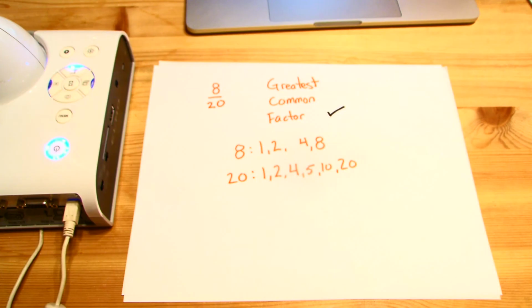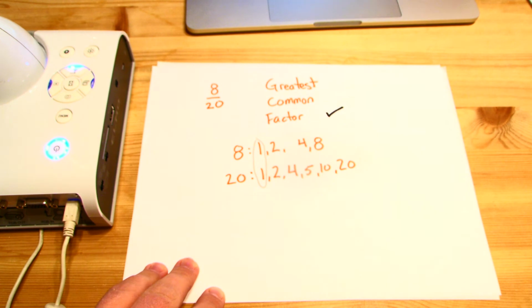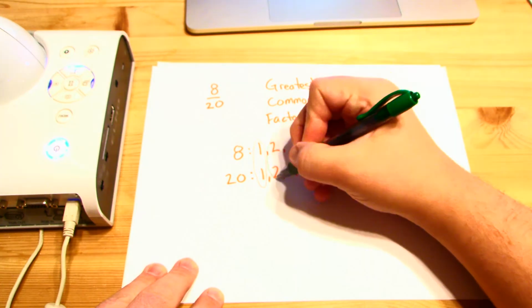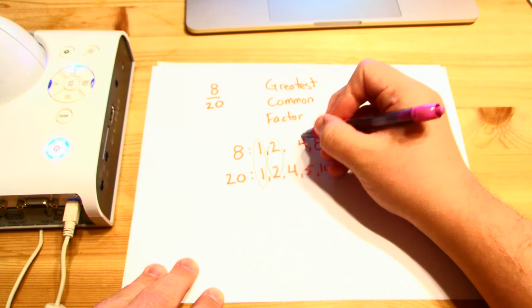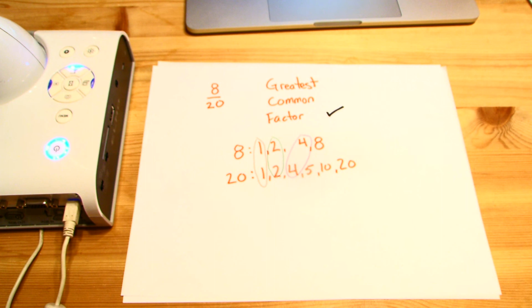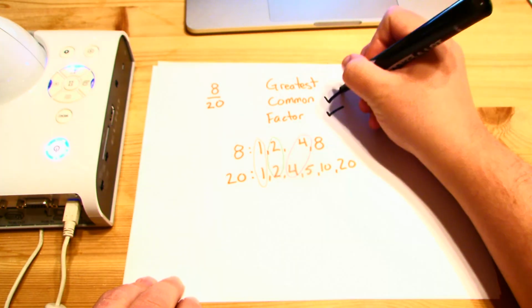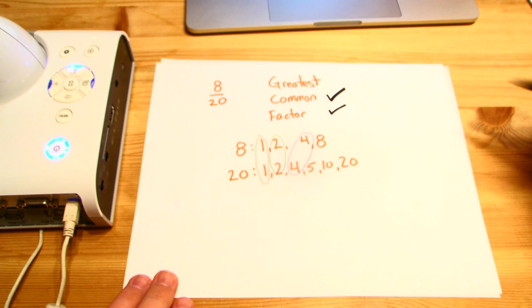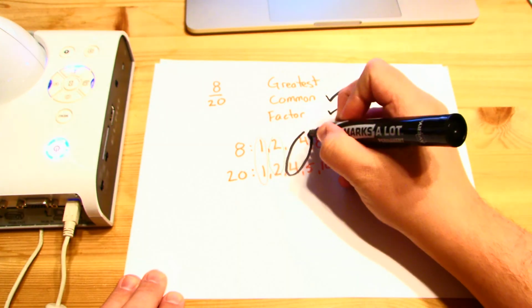So I'm going to look at my numbers, and I see that they both have 1 as a factor, they both have 2 as a factor, and they both have 4 as a factor they have in common. So these are my common factors, and now I'm going to be looking for the greatest common factor, so the biggest one out of all of these, and in this case, it's 4.